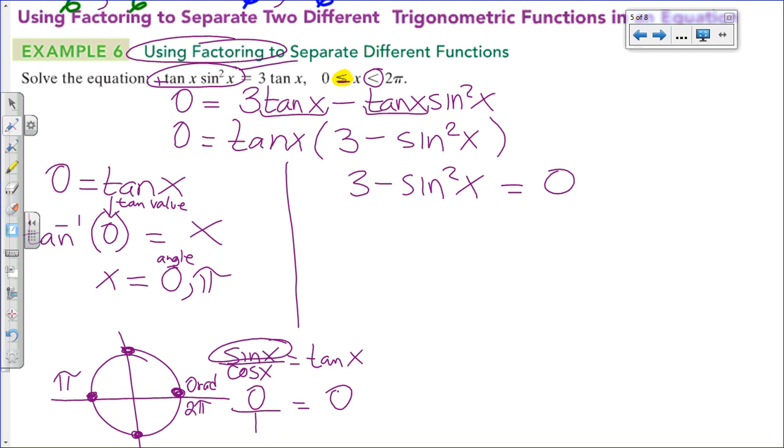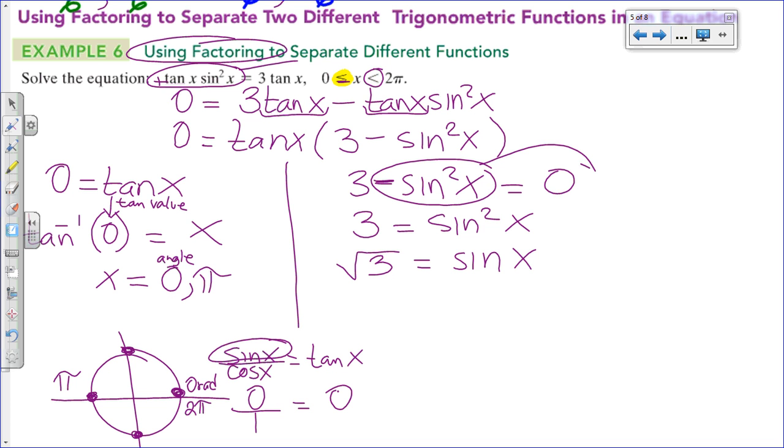Now let's solve the other one. So we have 3 is equal to, I'm going to take this negative sine square x to the other side, so it will be positive. And how do we undo a square? Square root? I have a question. Wouldn't 3 be negative 3 if you move it to the other side? Oh, the one we moved was this one. Oh.